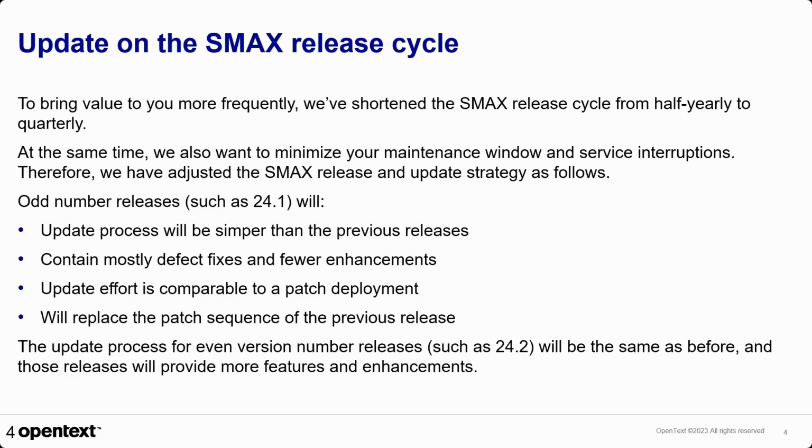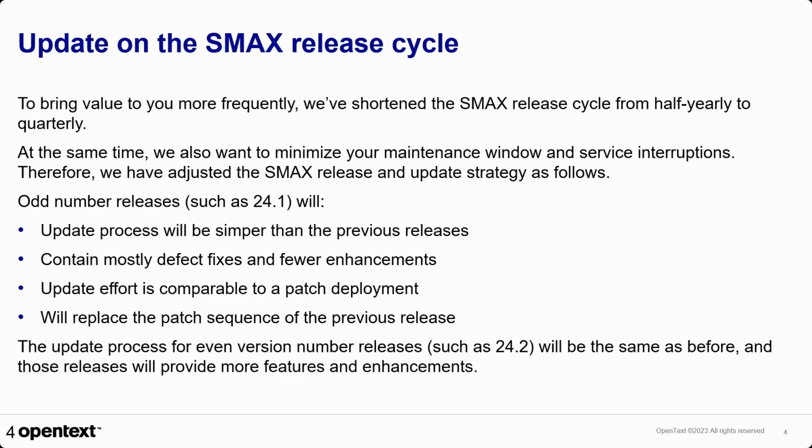But for us, our odd number releases, so 24.1 and what would be 24.3, are more aligned to patch type releases. So the update effort is comparable to a patch. There's a focus more on fixes rather than enhancements with them, but it should be fairly easy for you to upgrade. Whereas the 24.2, 24.4 releases are what you may be used to us doing previously when we did 6-month release cycles.